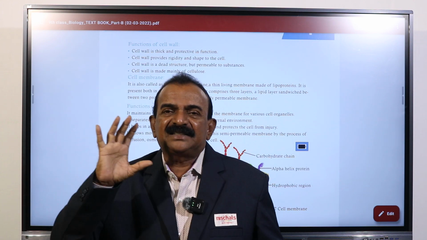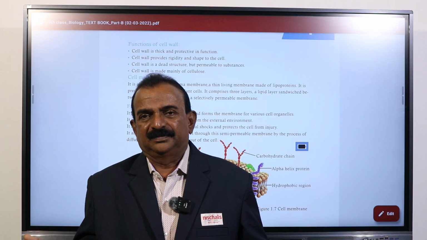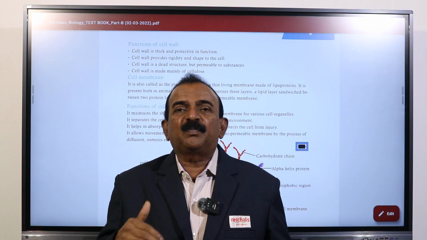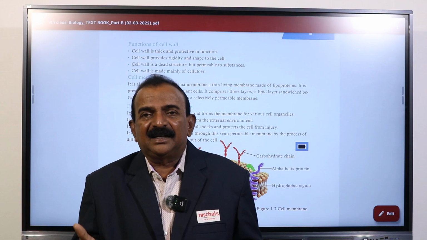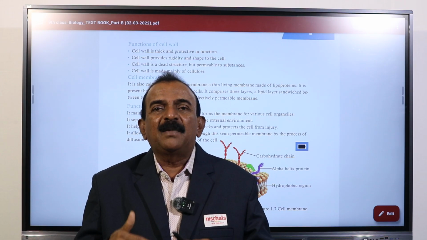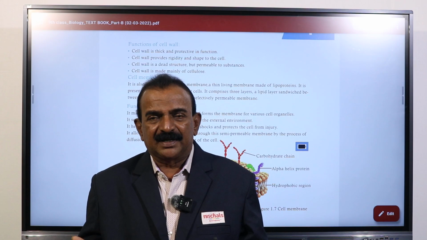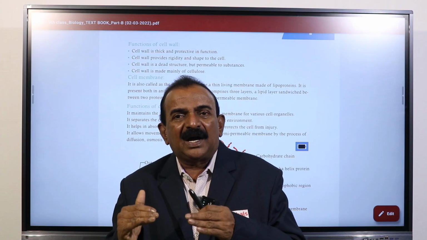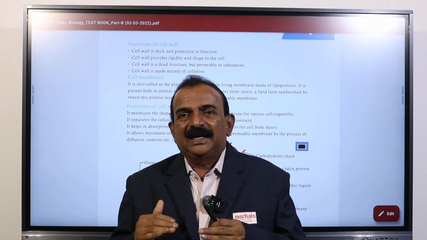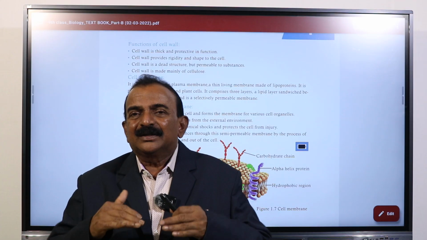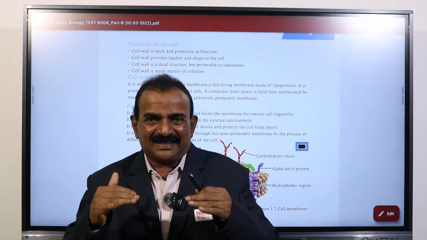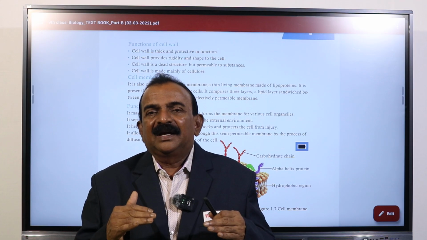In plant cells, the cell wall is made up of cellulose, but in prokaryotes like bacteria, the cell wall is made up of polysaccharides and also proteins. The cell wall is permeable, shows rigidity and provides strength to the cells.